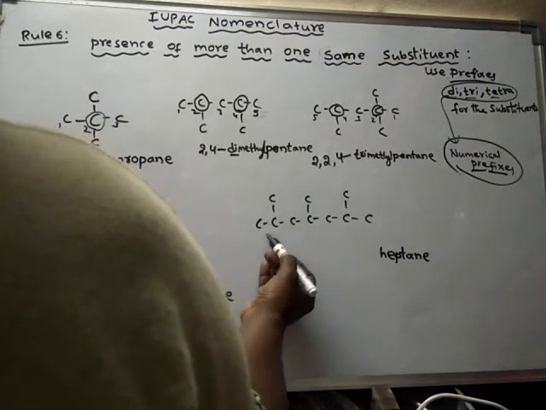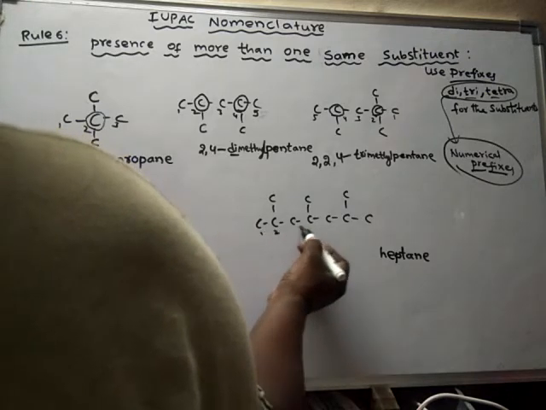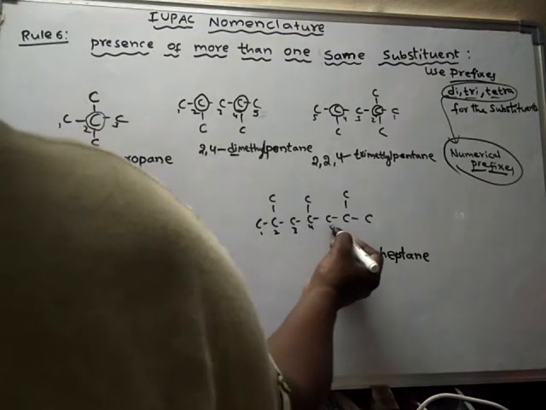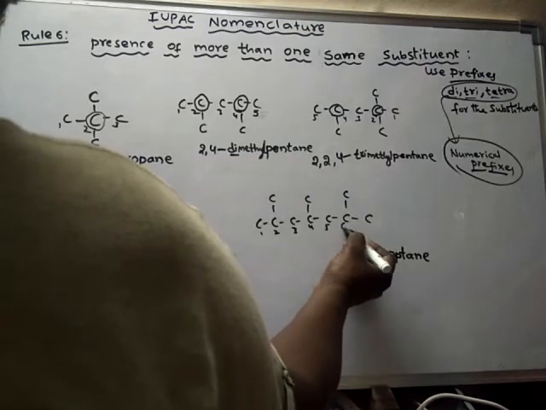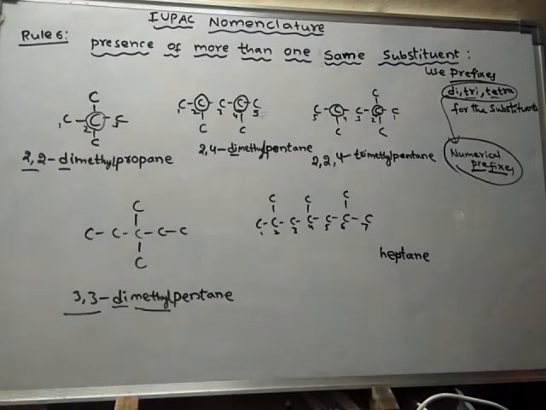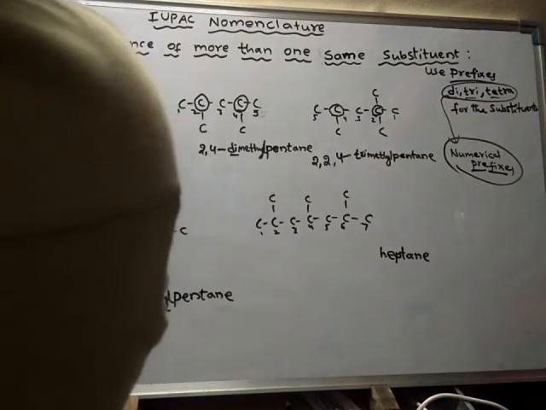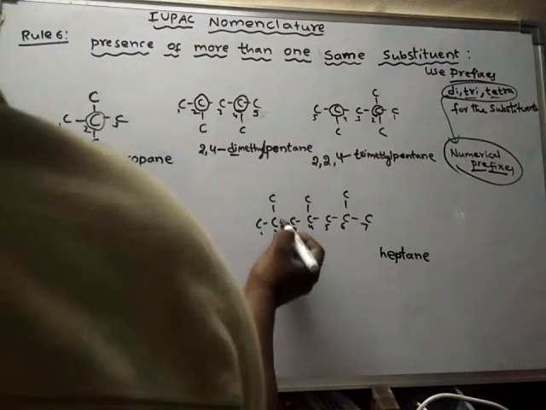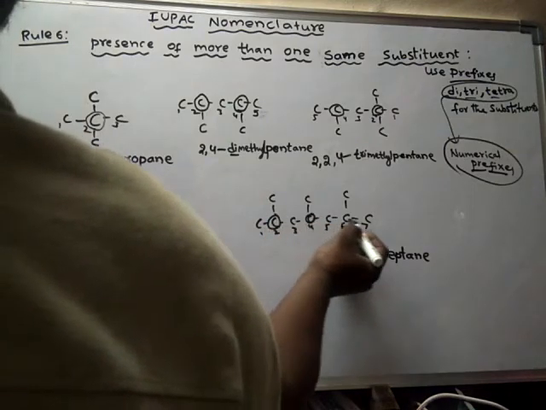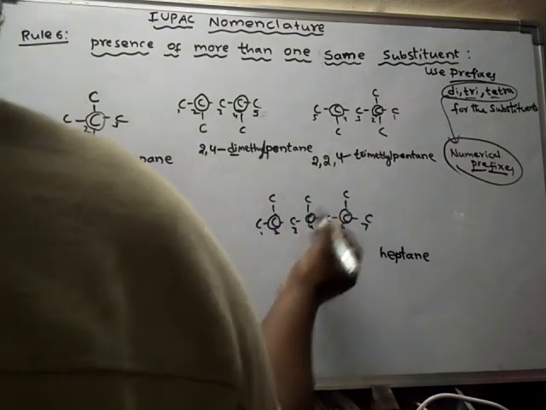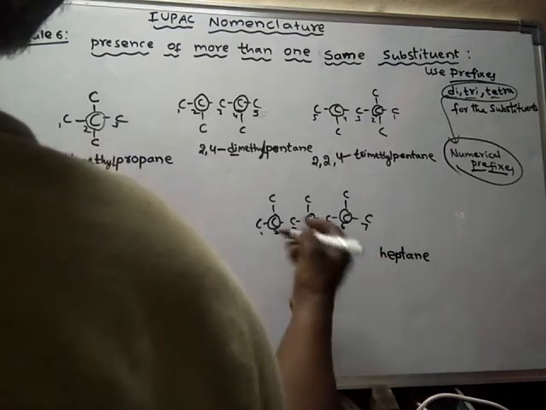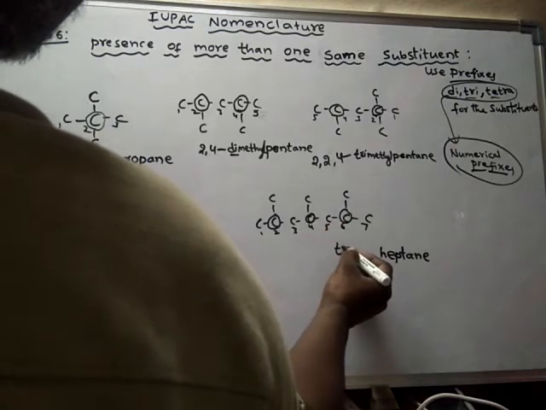From either of the directions, the numbering will become the same, and the sum of the locants, or the first point of difference, will be the same. Hence we may go in any direction. So on second carbon, fourth carbon, and sixth carbon, you will find methyl groups. How many methyl groups are there? 3 methyl groups, hence trimethyl.